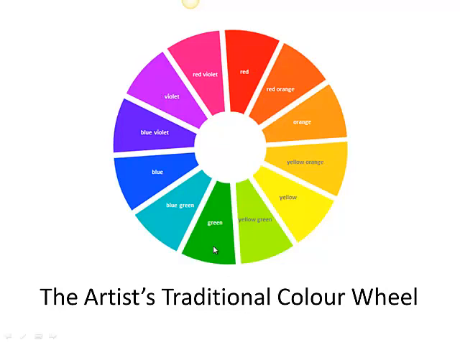The tertiaries are in between a primary and a secondary. So in this particular case, with these three, red and orange, in the middle is red-orange.